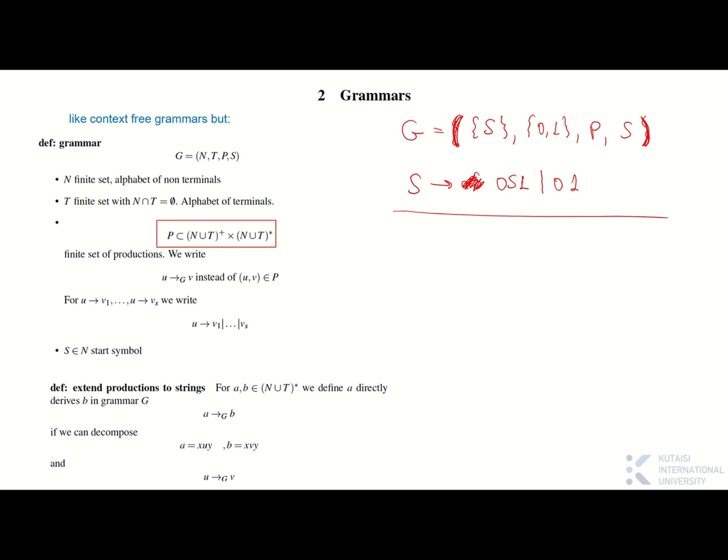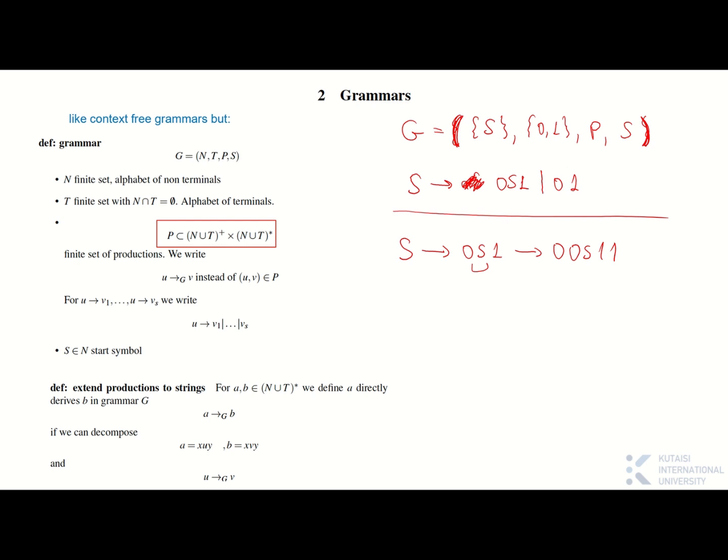That's it. So now I'm going to derive some things. I have not explained what it means to derive something from the grammar, but you kind of know already. You start with S, and I use my first rule, and I derive 0 S 1. Now I'm going to use the rule again, and I'm going to derive 0 0 S 1 1.